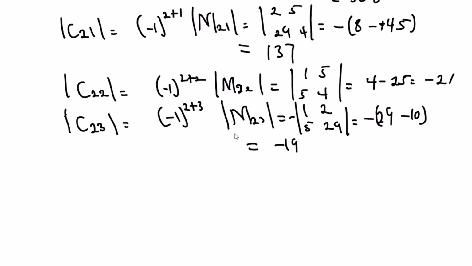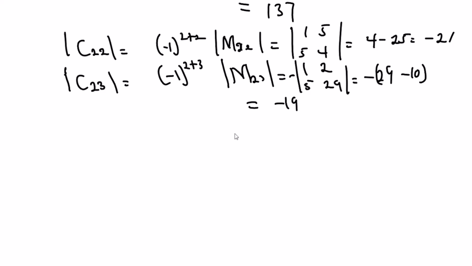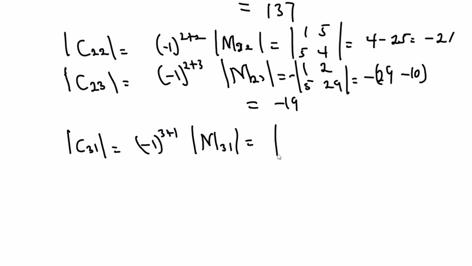Okay, and the next one, we are now in row 3, column 1. So you have negative 1 exponent 3 plus 1 times the minor, so 3, 1. This is going to be positive.